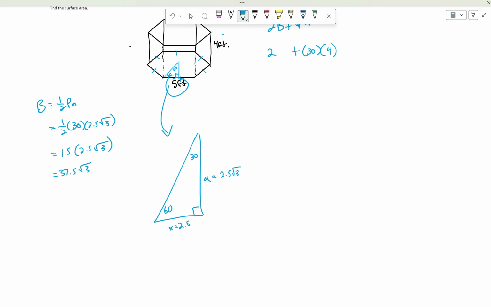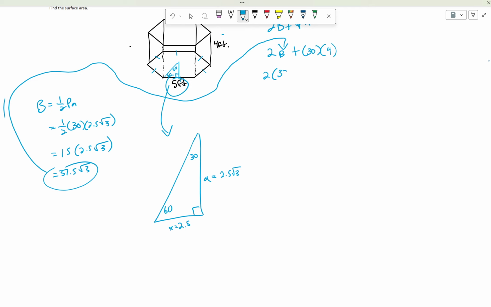Rad 3. This is my apothem. Or sorry, the area of my base, which is going to be put in right here, capital B. So 2 times 37.5 rad 3 plus 30 times 4.